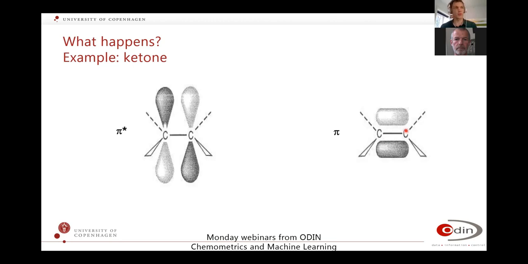The electrons are shared between the two carbons, binding them more tightly together. The opposite is the pi star, where the electrons are not paired and are actually pushing the two carbons apart.